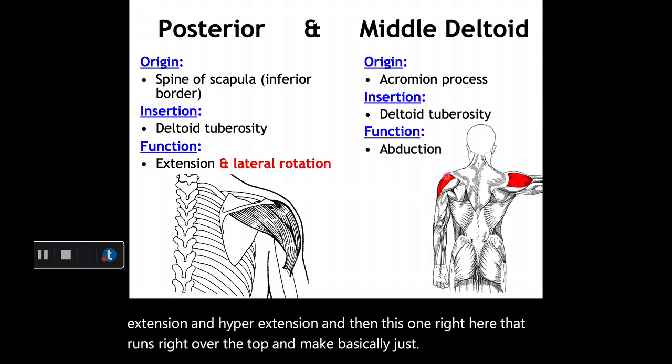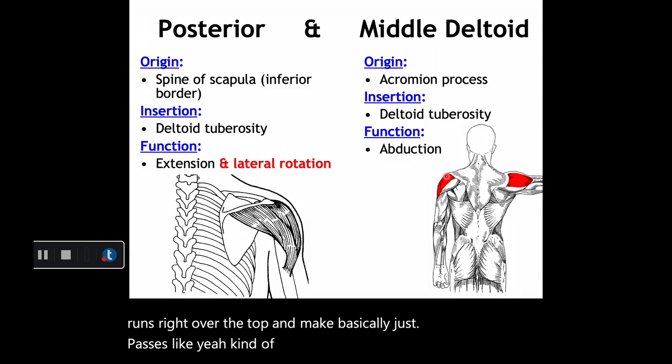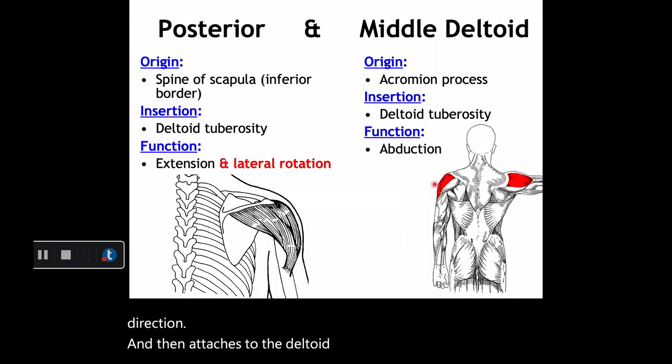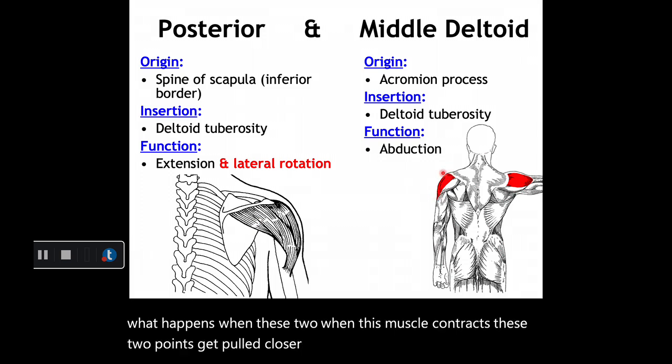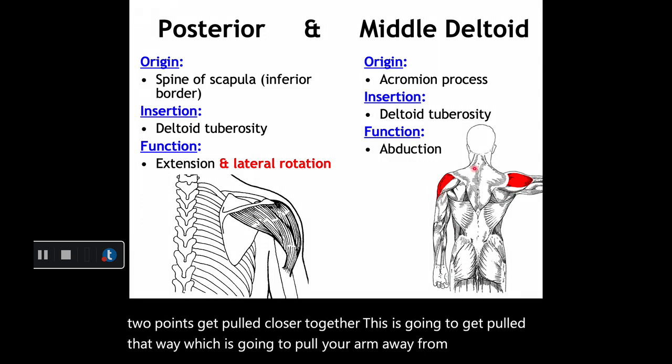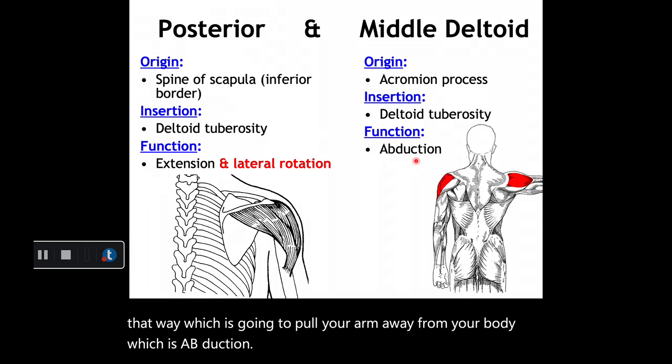And then this one right here basically just wraps right over the top, runs in this direction, and then attaches to the deltoid tuberosity. Well, you think about what happens when this muscle contracts, these two points get pulled closer together. This is going to get pulled that way, which is going to pull your arm away from your body, which is abduction. Right?